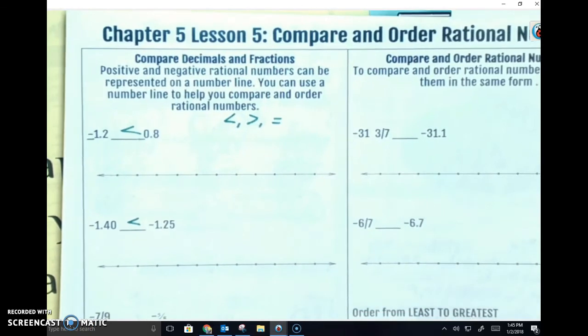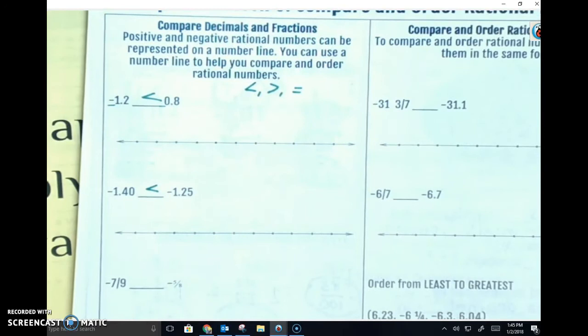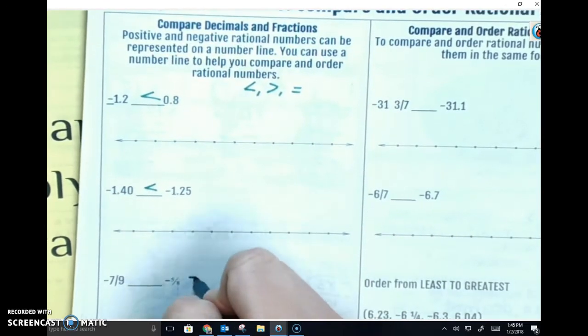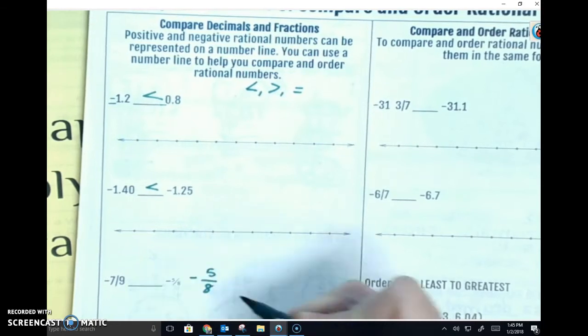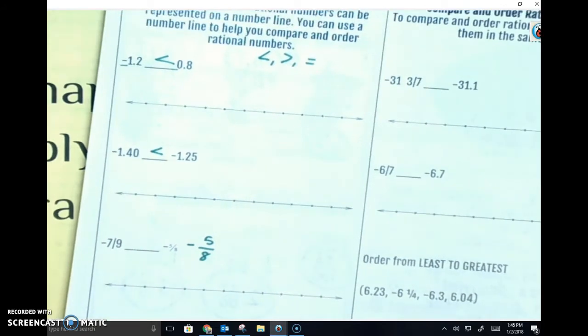Okay, let's look at this next one. We have two fractions. This is negative 7/9, and this is negative 5/8. I'll write that bigger so you can see it. When we are doing fractions, we need to make sure we're getting a common denominator. So I know that both of those can go into 72.